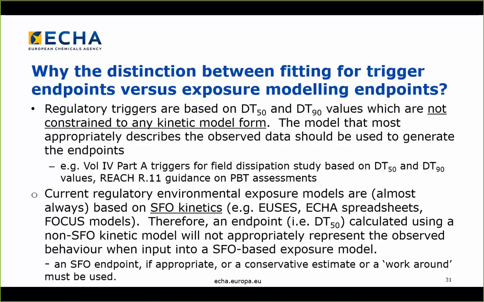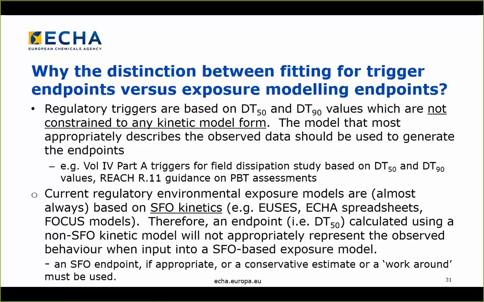Just to give you a couple of examples: Volume 4, Part A, information requirements for biocides. The triggers for field dissipation studies are based on DT50 and DT90 triggers. The reason that we have those DT50 and DT90 triggers is that you can then compare any kinetic model to them. So you don't just need an SFO model, you can compare biphasic models to those triggers.